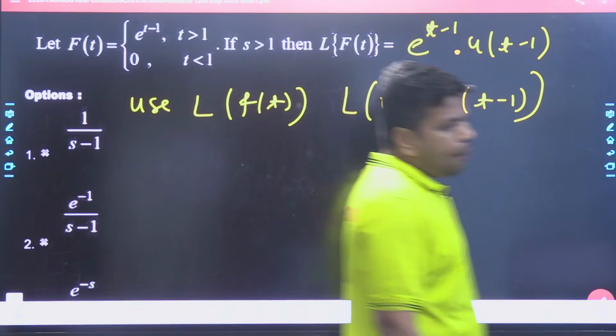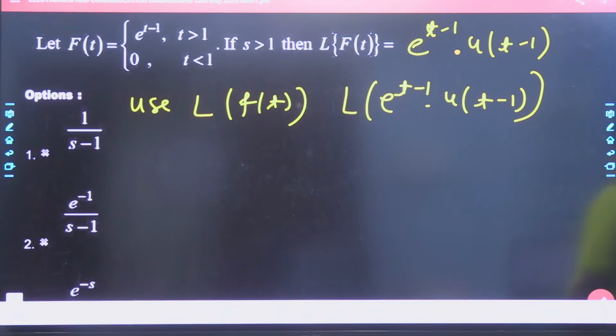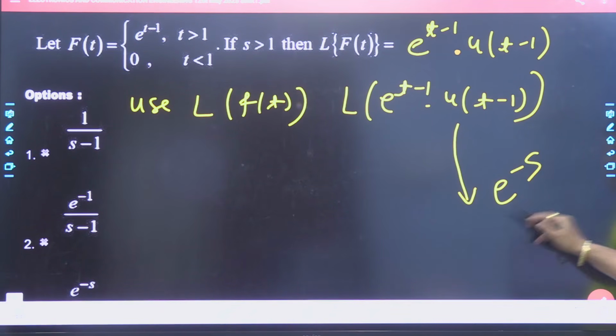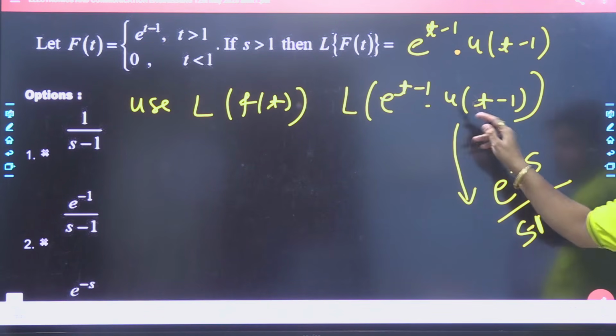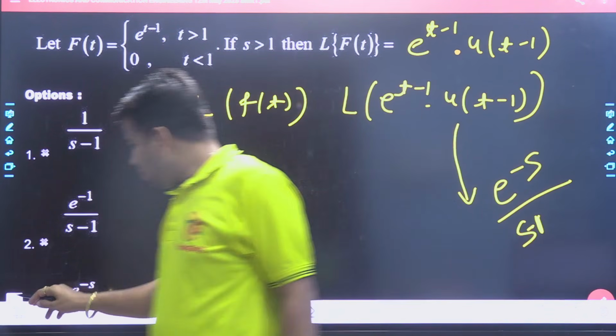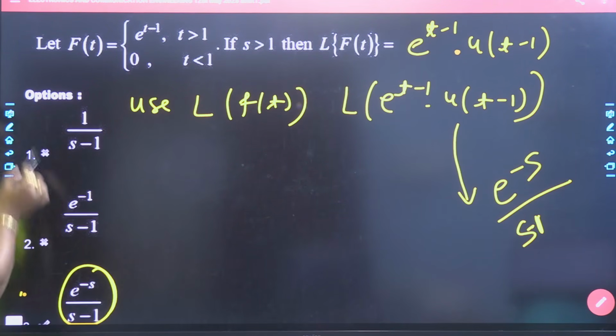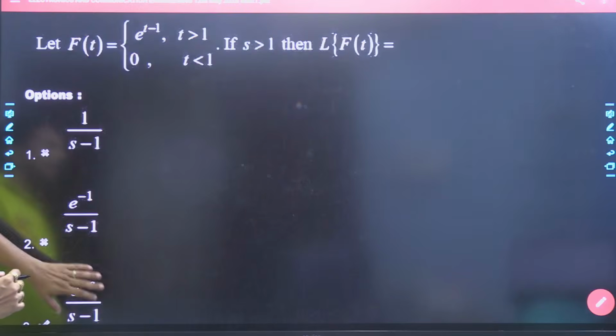When you evaluate this one, it is simply e raised to minus s upon s minus 1. By evaluating this, you get answer number 3. Simply perform the Laplace operation here, nothing else, and you get that answer.